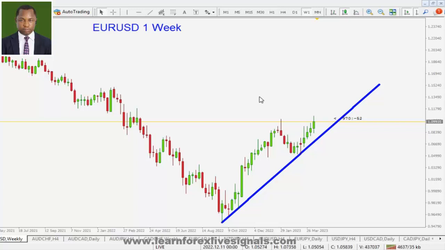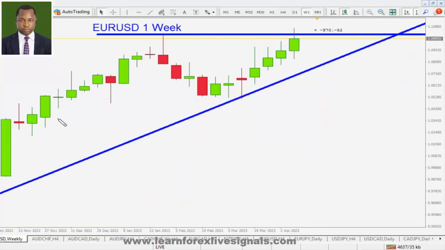In the weekly time frame, price right now is trading around a level of resistance, so I'm going to maintain my level of resistance right there. Let me zoom in.